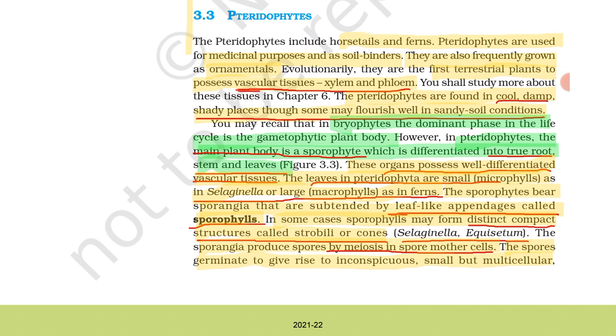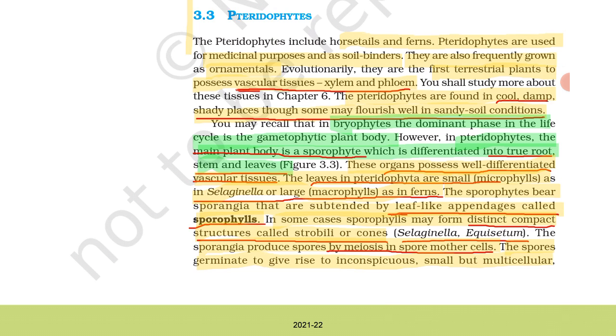In some cases, sporophylls may form a distinct compact structure called strobili or cone. Examples of such strobili or cones are Selaginella and Equisetum.